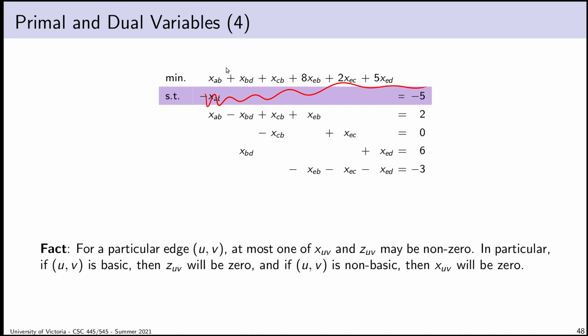We know the relationship between basic primal and non-basic dual variables, and it turns out that if my arc uv is a basic arc, then zuv has to be 0. The dual slack variable has to be 0, because if the arc uv is basic in the primal, then the arc uv will be non-basic in the dual. And similarly, if the arc uv is non-basic in my primal LP, then obviously xuv is a non-basic variable, and it has to equal 0.